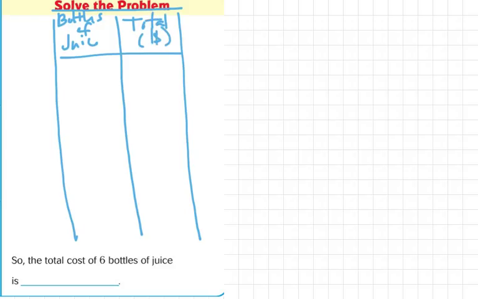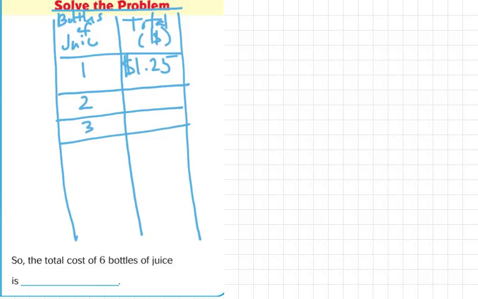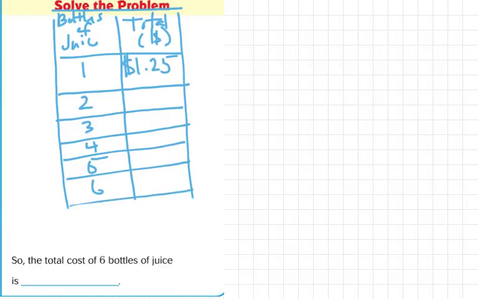So boys and girls, if we get 1 bottle of juice, it's going to cost us $1.25. Now we know that we're going to do 6 bottles of juice. So that's why our table is going to have up until 6 bottles.